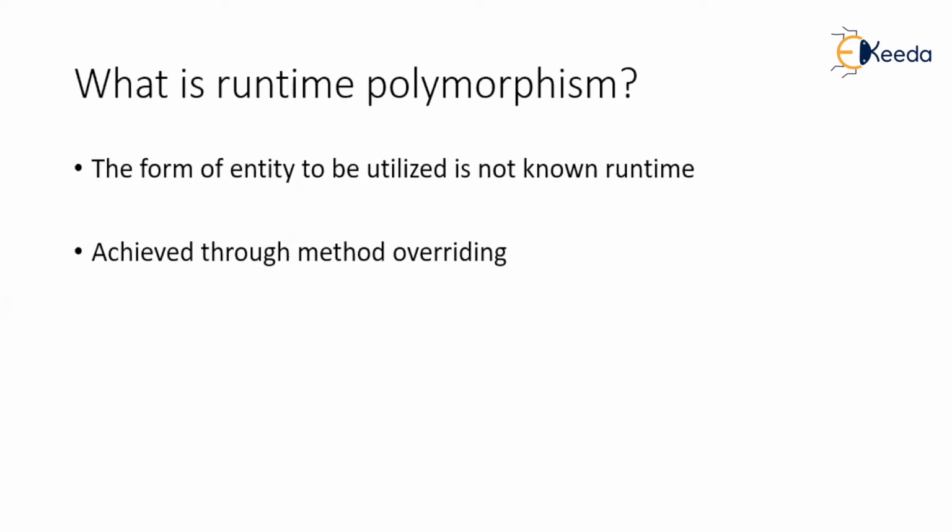However, it is known at the time of execution or runtime. That is termed as runtime polymorphism, and this is achieved through method overriding. So first we are going to understand what method overriding is, and then we will see how we can achieve runtime polymorphism.